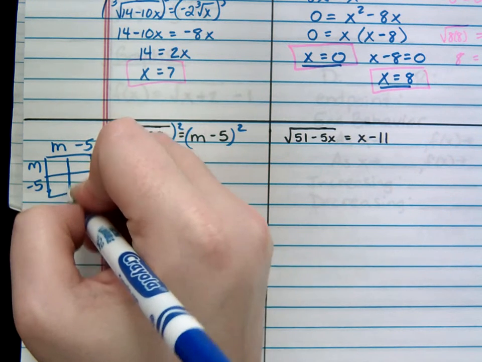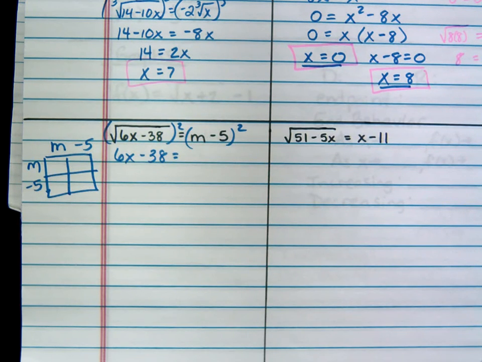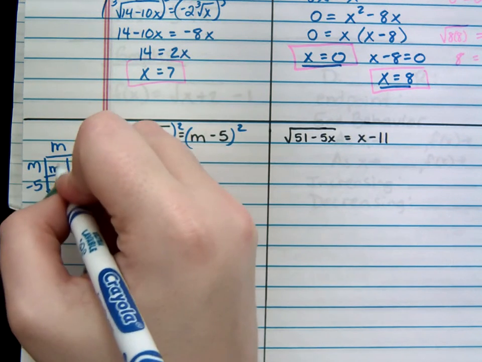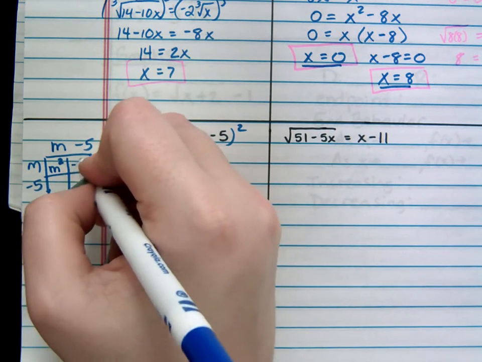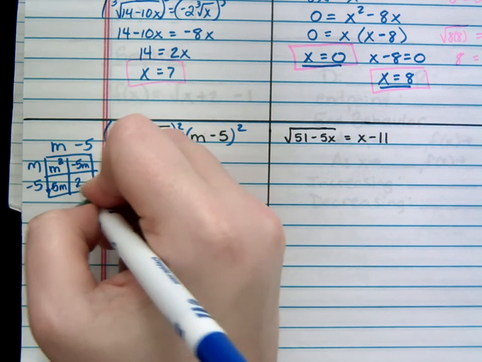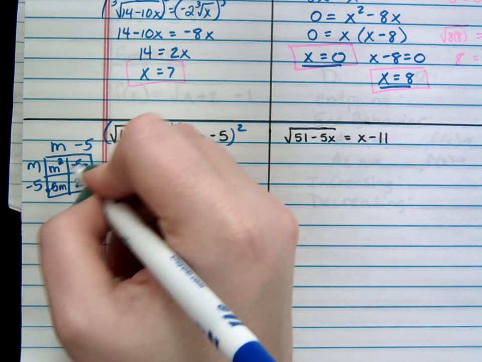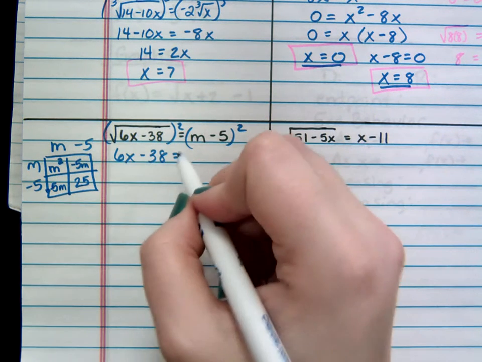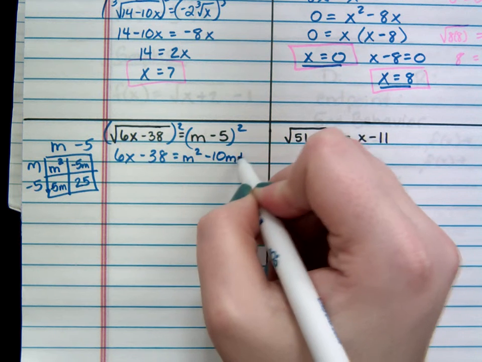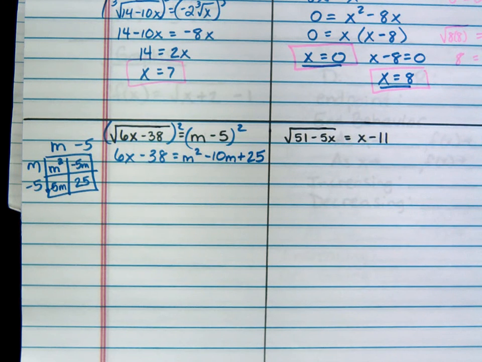The answer is not x squared plus 25. That is incorrect. You have to square it out using this because it includes these terms. So we get x squared minus 10x plus 25.